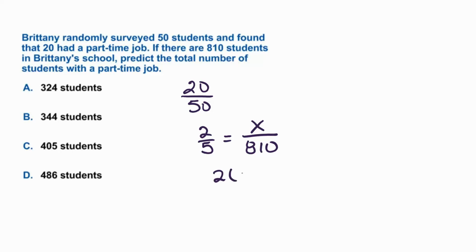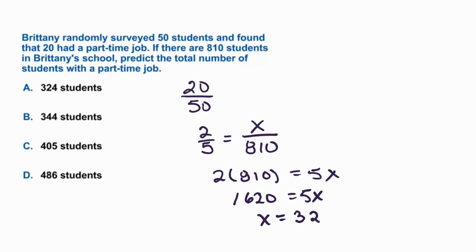Cross multiply and solve for X. So we're going to predict that 324 students have a part-time job in her school. And that concludes the lesson for 7-1.